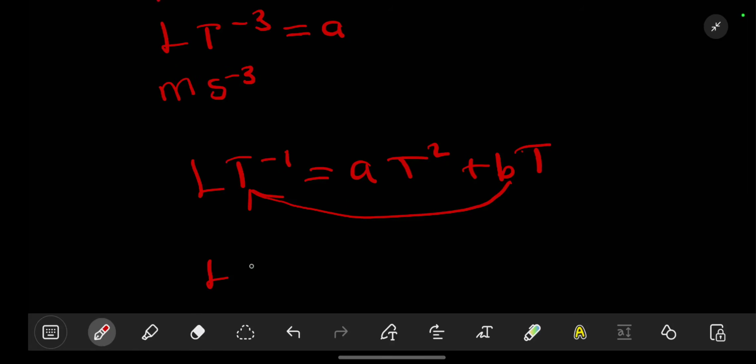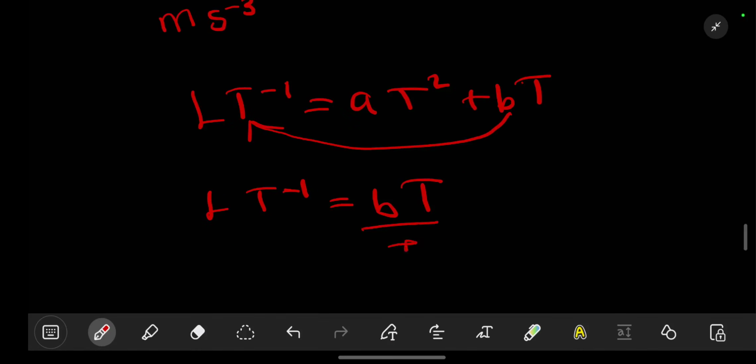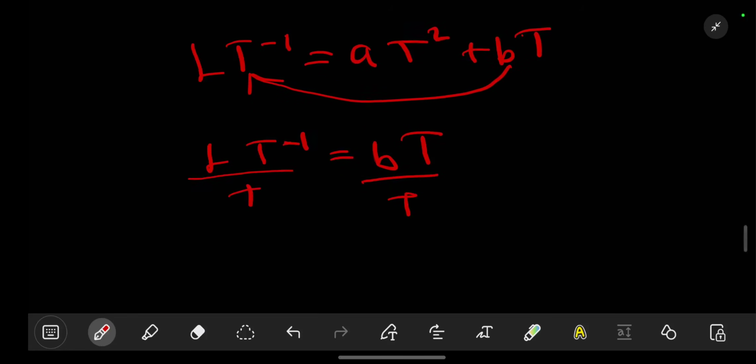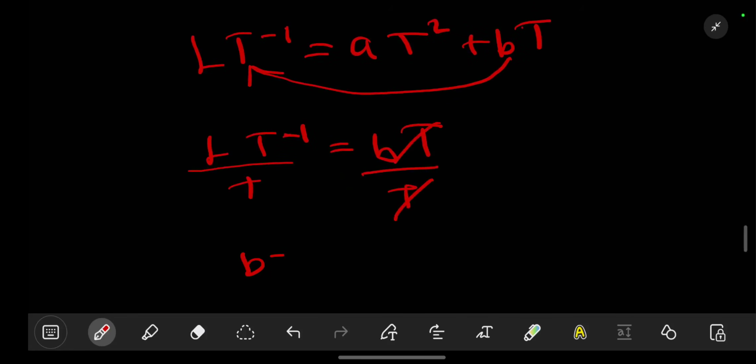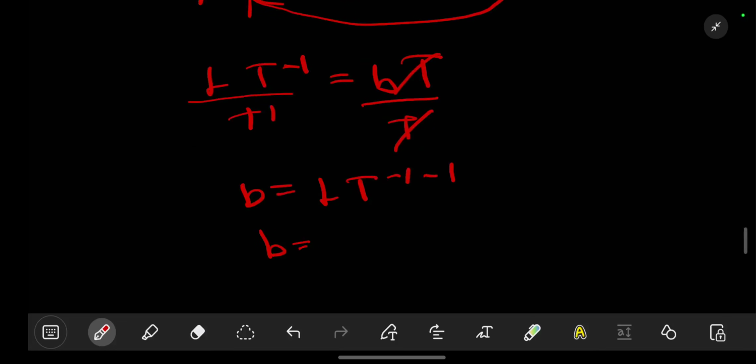We have L T raised to the power negative 1 should be equal to b T. We divide by T, then b should be equal to L T raised to the power negative 1 minus 1, so b is equal to L T raised to the power negative 2. So these are the dimensions of b.